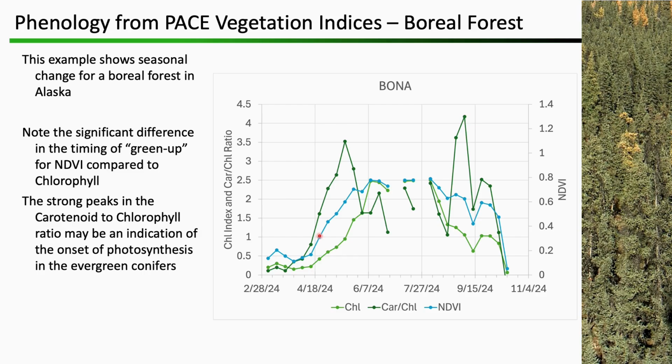And what's happening here is, for these evergreen spruce trees at this site, we're seeing the changes in the foliar pools of chlorophyll and carotenoids, which is related to the onset of photosynthesis at the start of the season and the shutting down of photosynthesis and the hardening for winter at the end of the season. And so this is really telling us something that we hadn't been able to see before about the timing of the start and end of the photosynthetic season for these boreal forests.